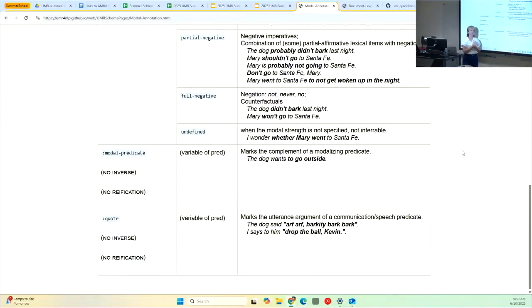You have two of them in the same sentence, so take your example, the dog didn't bark last night, thank God. Didn't bark last night. Oh gosh. It's negative, but it's also positive. The speaker is sort of doing two things.